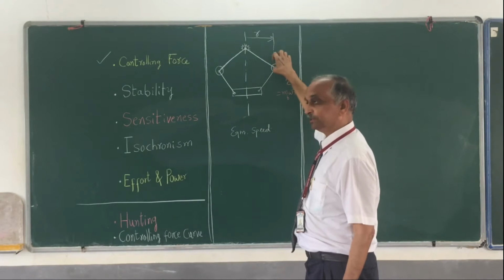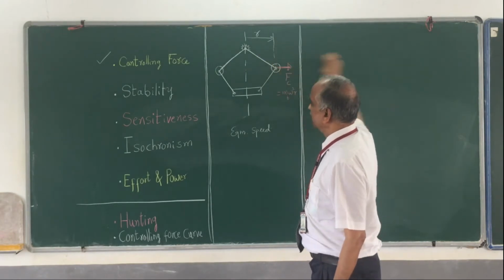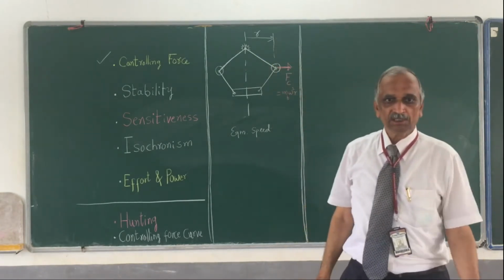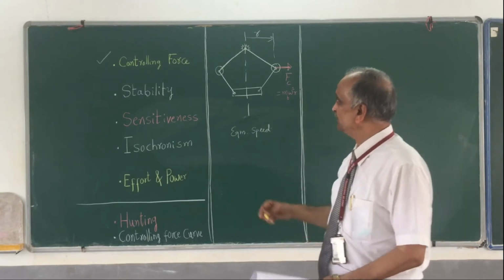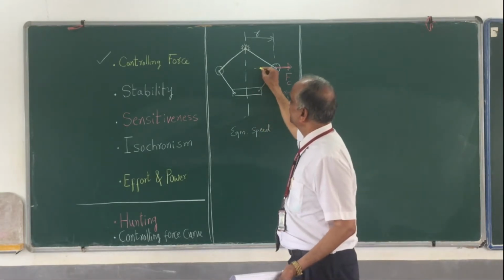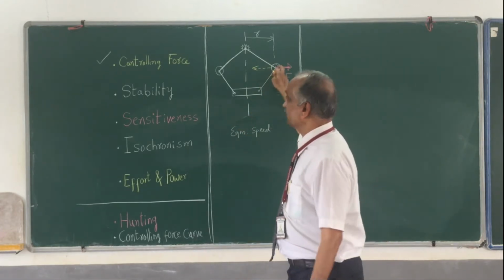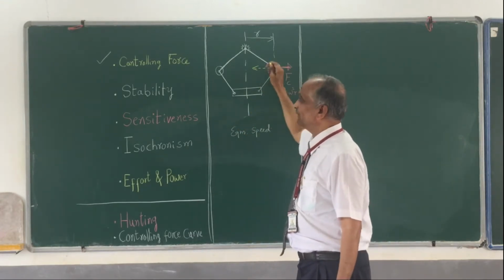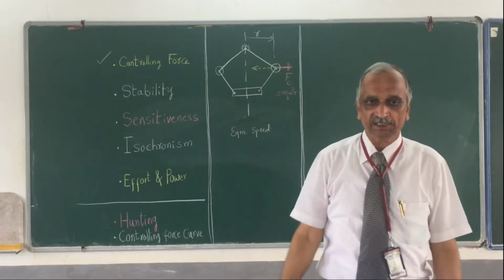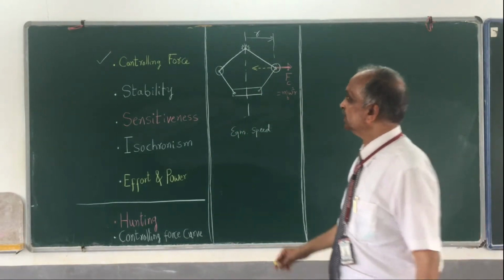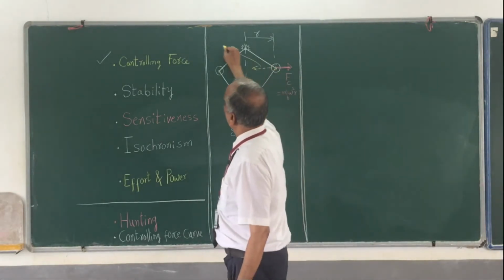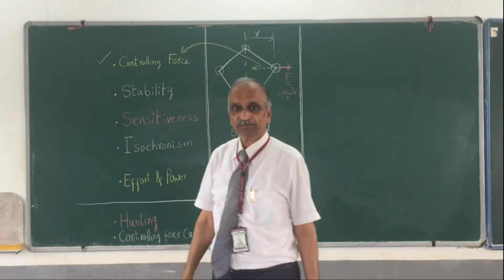In spite of this force, the balls are not moving outwards. That means there must be a force acting radially inwards at each ball. This force is what is called the controlling force.